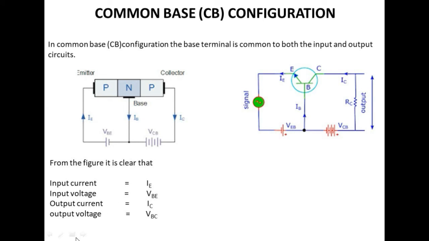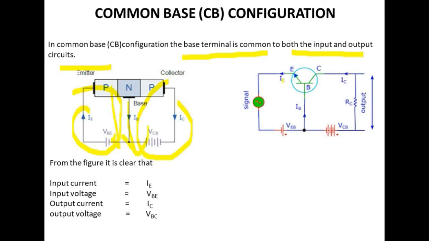Let us start with the common base configuration. In this configuration, the base terminal is common to both the input and output circuits. Here we see this is the input side, base is present, and this is the output side, base is also present. Base is present on both sides, input side as well as output side.